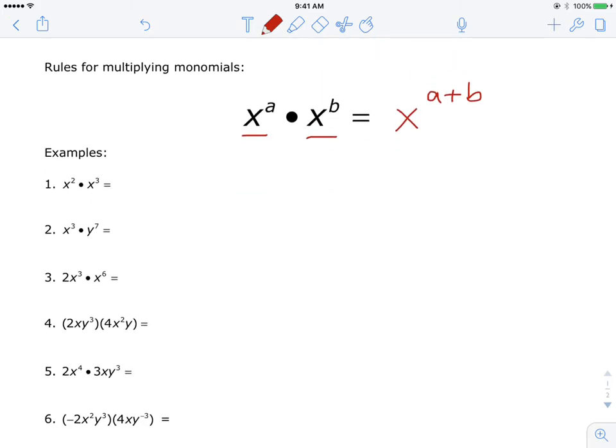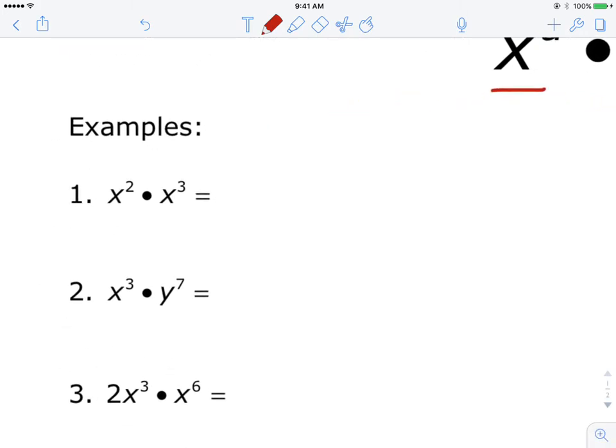So let's look at one example, and I'm going to do this example a little bit longer than is necessary just to demonstrate my point here. I'm going to do x squared in red, and I'm going to rewrite it as x times x. X cubed, we're going to do in a different color. How about green? And we'll say that's the same as x times x times x.